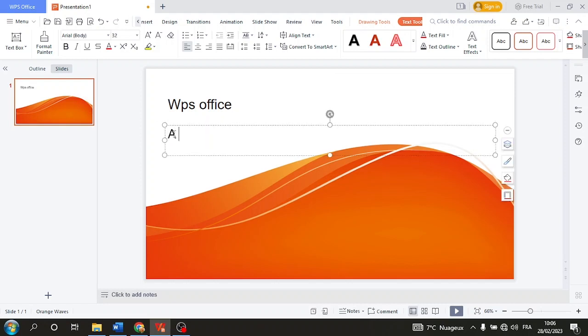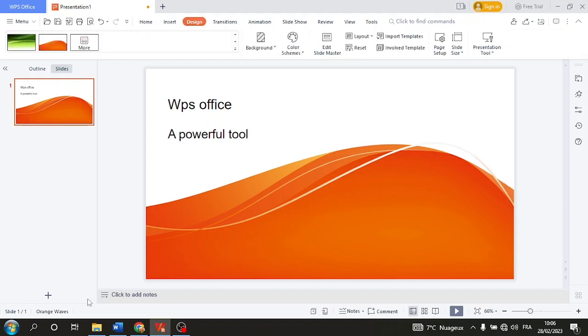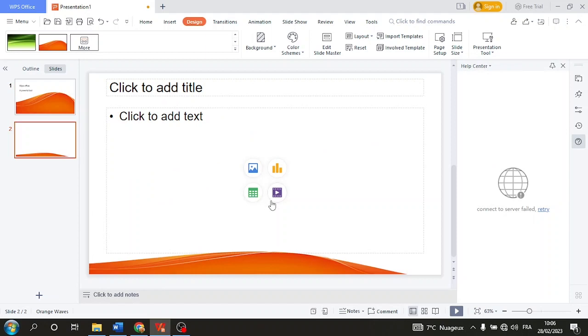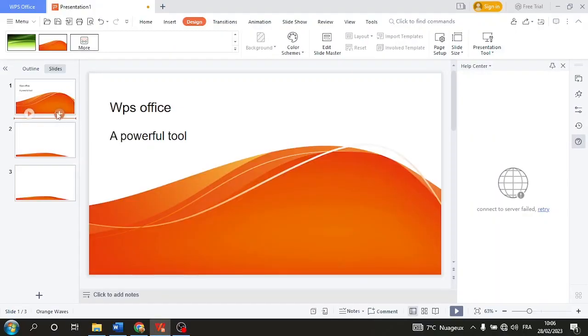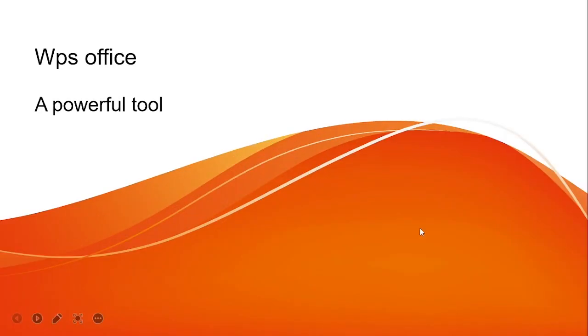A powerful tool. A powerful tool. And you're gonna add the one here and another one. And you're gonna go to the slideshow. Escape. I'm gonna start from here. And here is our slideshow.